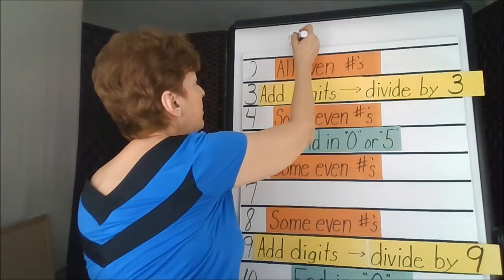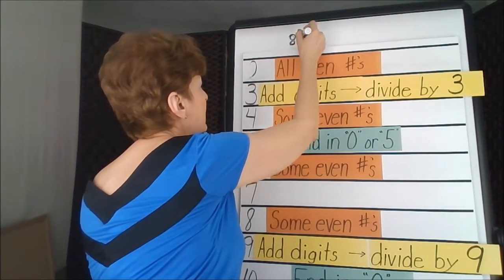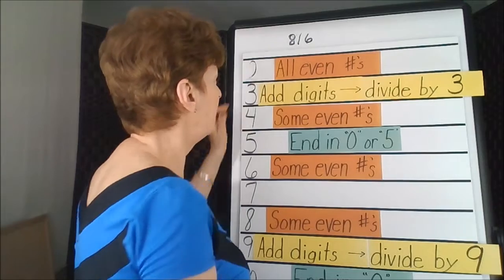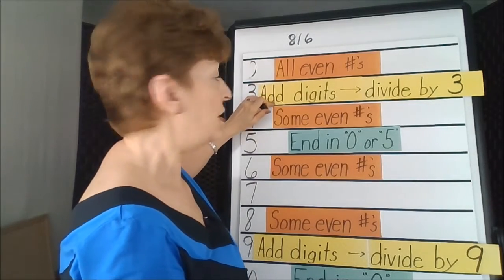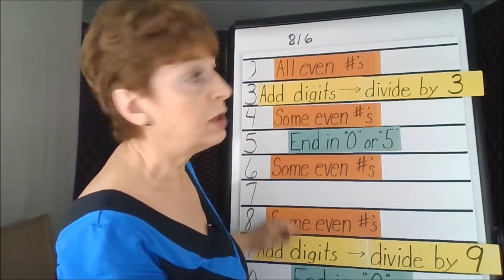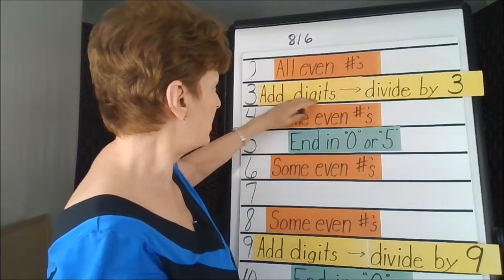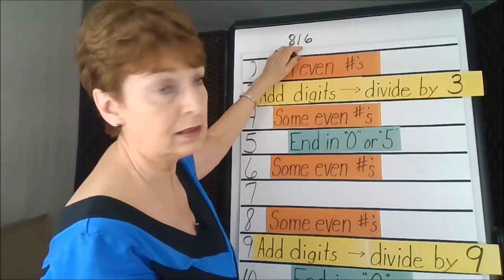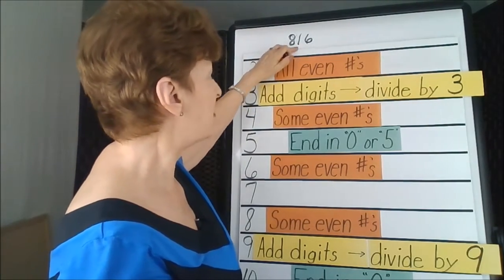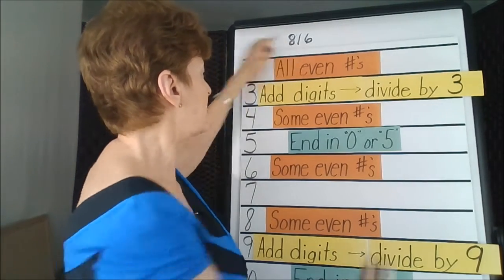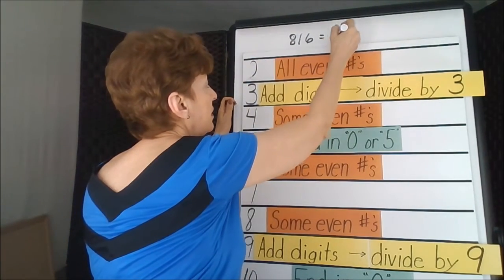Let's say we were working with the number 816. To use this 3 and 9 rule, you would have to add the digits of 816. 8 plus 1 is 9, and 9 plus 6 is equal to 15.